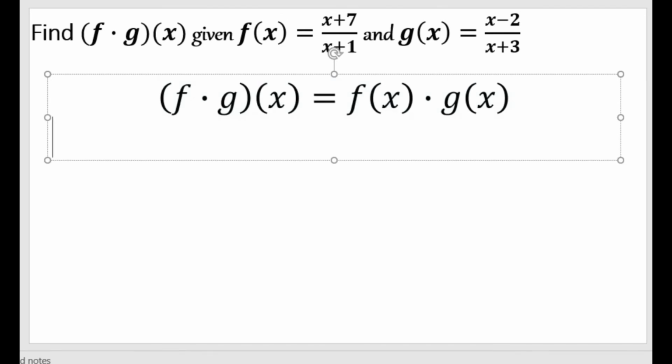Then after that, we're going to perform substitution.